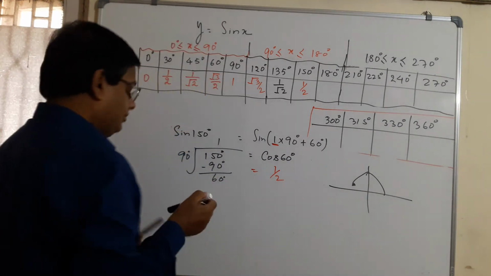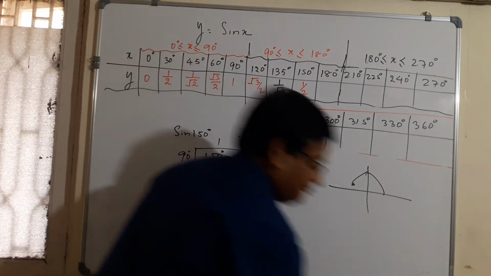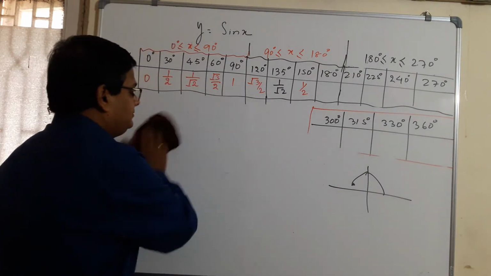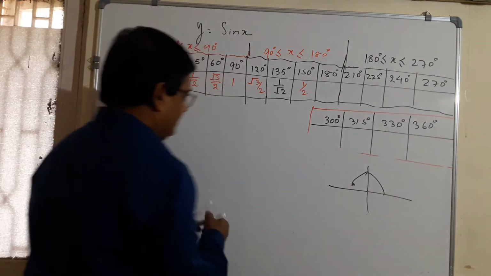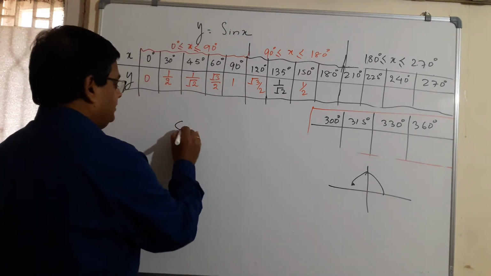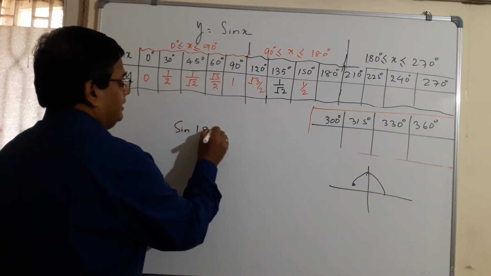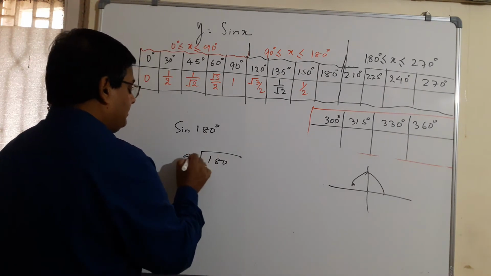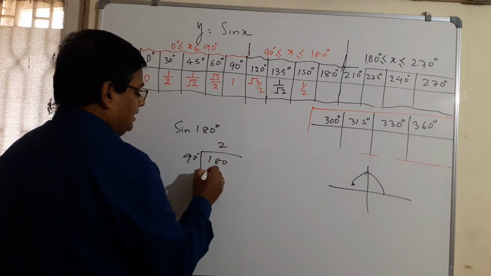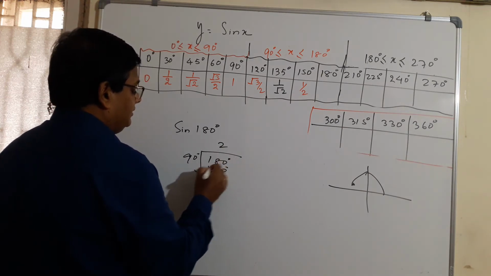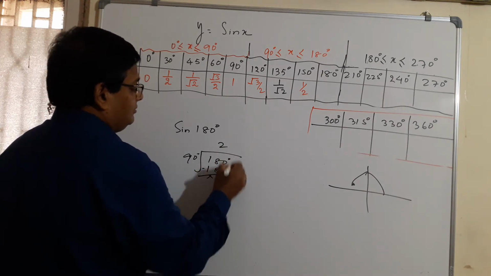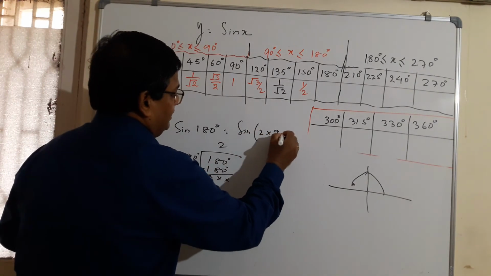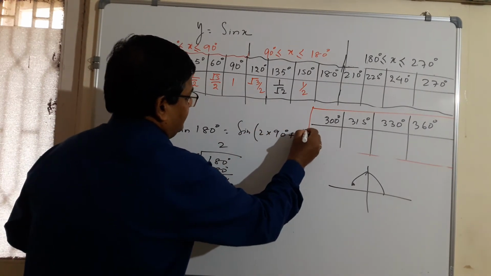Now we are going to find out sine 180 degree. 180 divided by 90 is 2, so sine 180 degree is sine of 2 into 90 plus 0 degree.